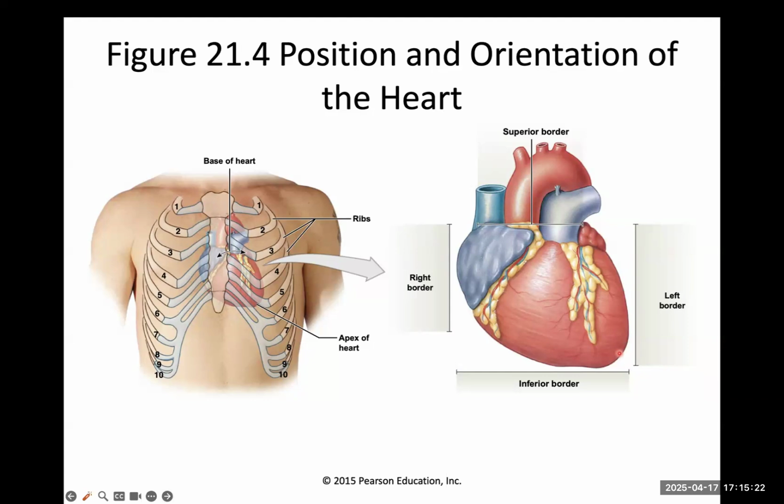The left side is pushing into the lungs over here, and it's a little bit bigger and kind of pointy. This pointy part is called apex, A-P-E-X. If you remember geometry, the tip of the triangle is called the apex. This is kind of a tip, so that's why it's called apex.